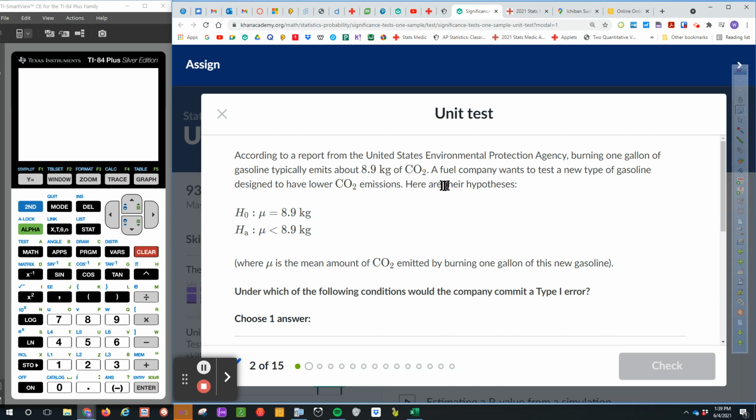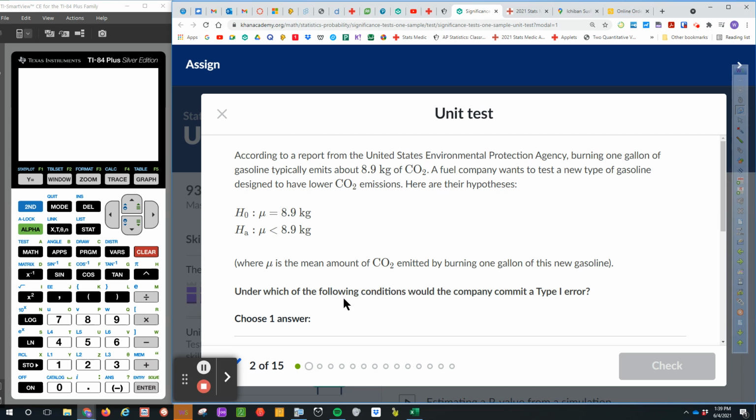That is good. Here are the hypotheses. The null hypothesis: mean equals 8.9 kilograms of carbon dioxide. The alternate is less than 8.9 kilograms, where mu is the mean amount of carbon dioxide emitted by burning 1 gallon of this new gasoline.